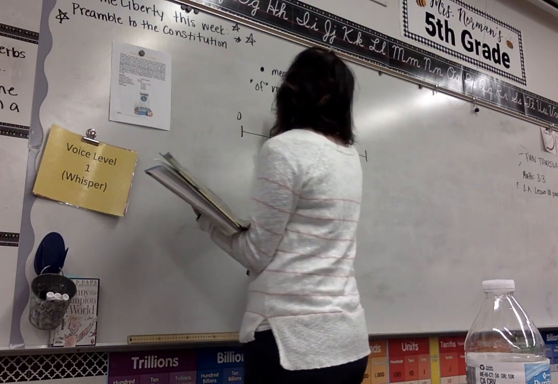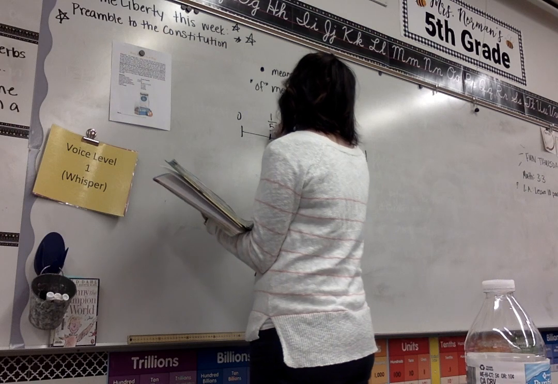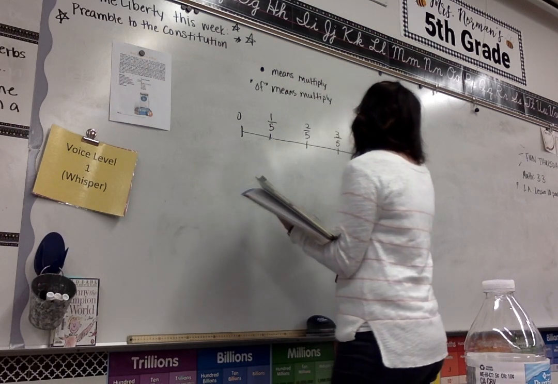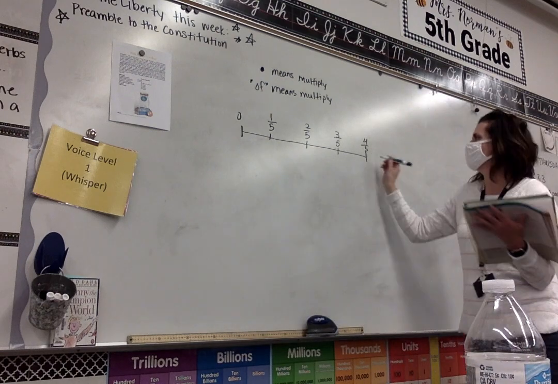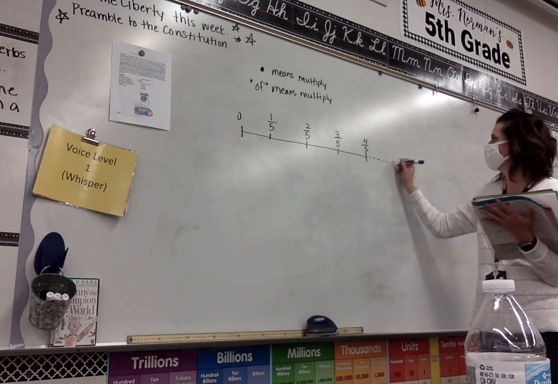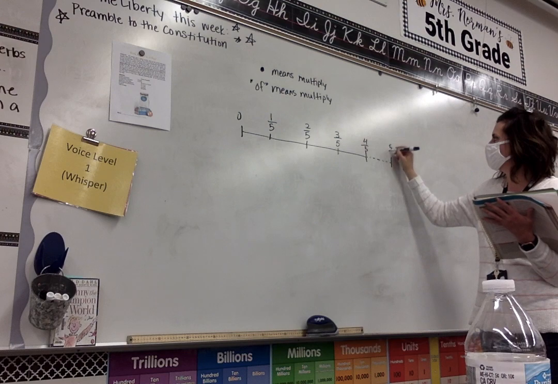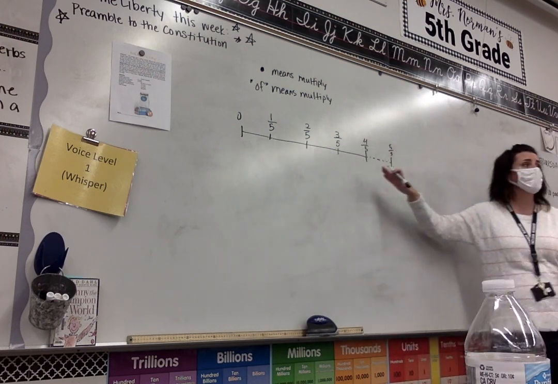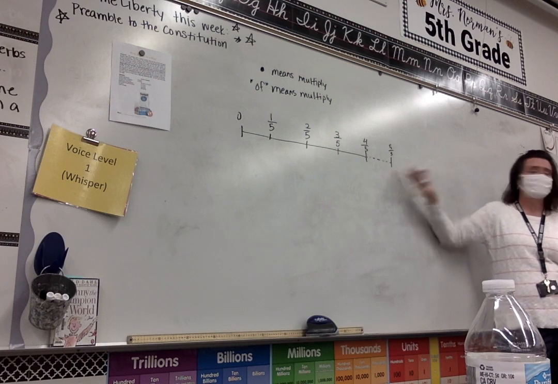So this is 0. We've got 1/5, 2/5, 3/5, 4/5 long, right? And if I kept going, I just want to show. Now this is how long my board is. But if I had a whole, it would be 5/5 that long, right?